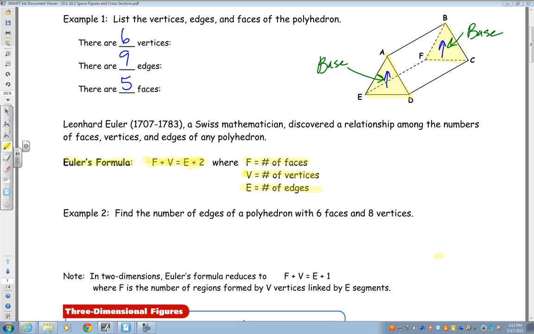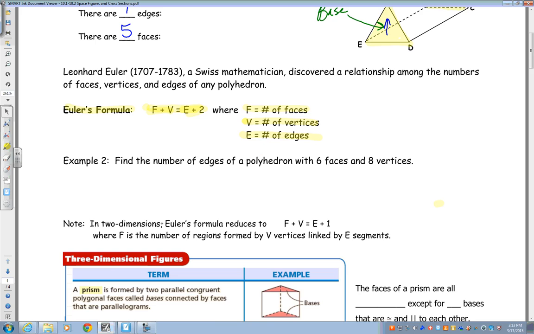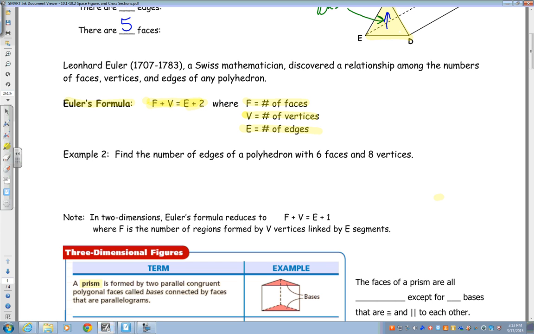Now, with that being said, if I know that the polyhedron has 6 faces and 8 vertices, could you figure out the edges? Because we got the faces and the vertices, right? So we know f plus v equals e plus 2. I know this is 6 and 8.